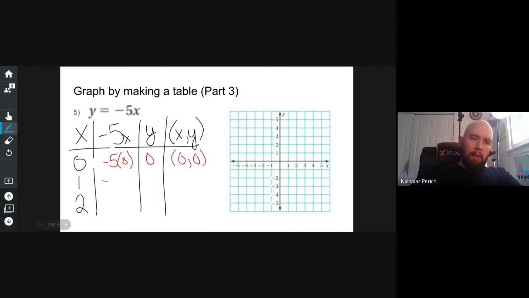If my X is 1, then I'm going to write out -5 times 1. -5 times 1 is -5. And since X was 1 and Y was -5, I get 1, -5.